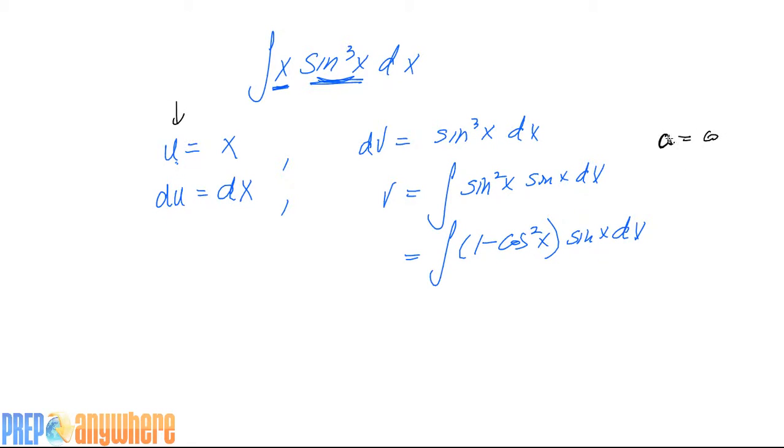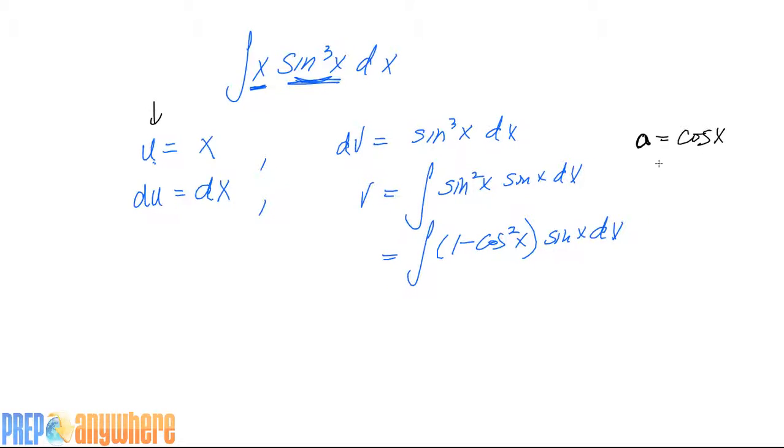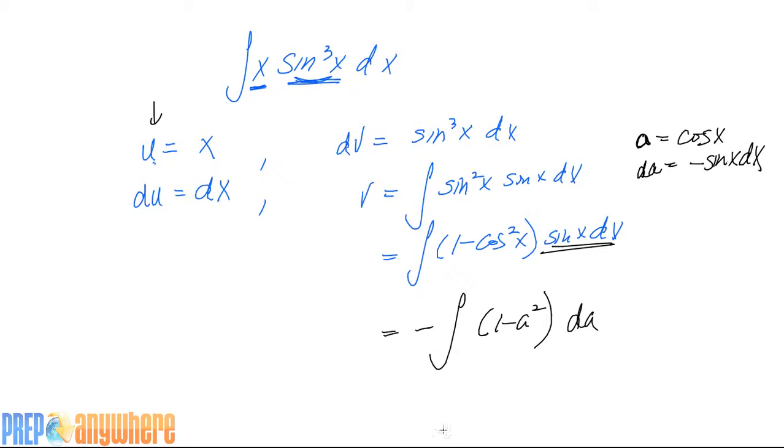So a is equal to cosine of x. Then you get dA is equal to minus sine x dx. So that can be replaced with a minus dA, and this is 1 minus a squared.